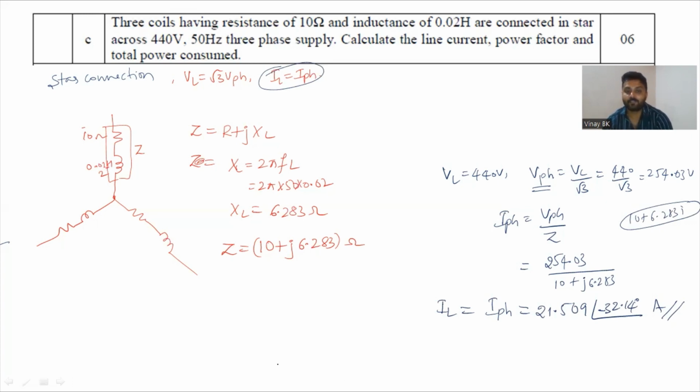But while solving power and power factor, it is a different case. So now we can find the value of power factor. Second point, to find power factor, first you find phi.